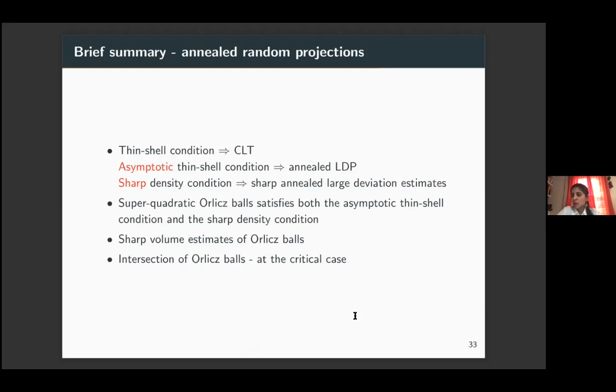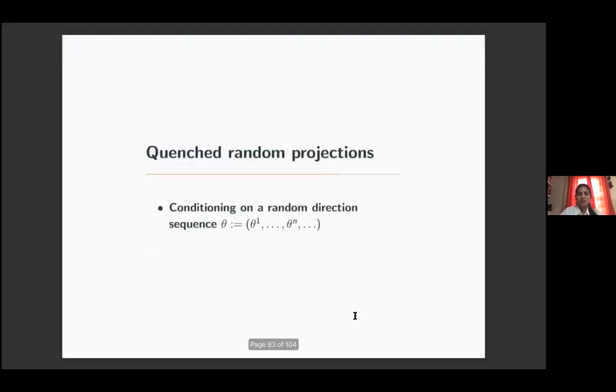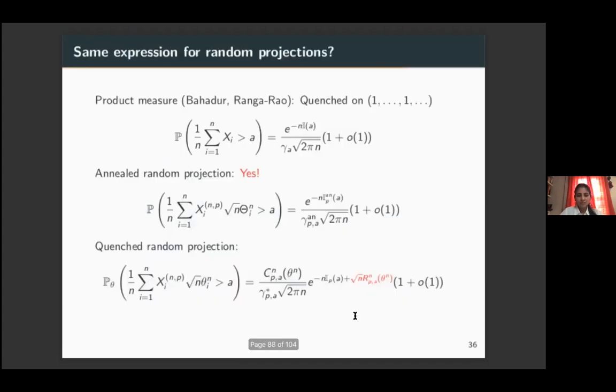I will not have time to go into that, but we also have results in the sharp large deviations for what happens when you look at norms of random vectors chosen from Orlicz balls, which are projected onto multidimensional, possibly growing subspaces, and see how it changes. So, I'm sorry, that's it.